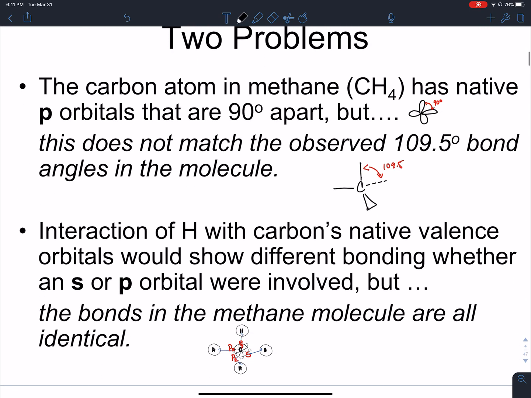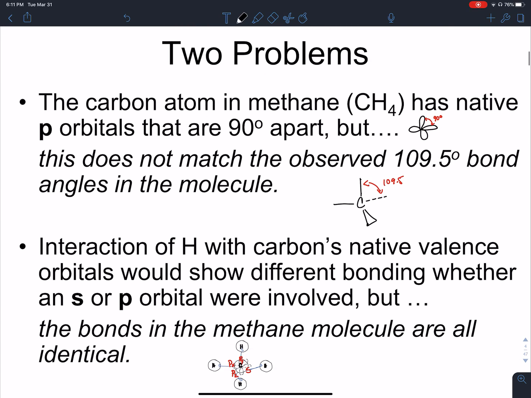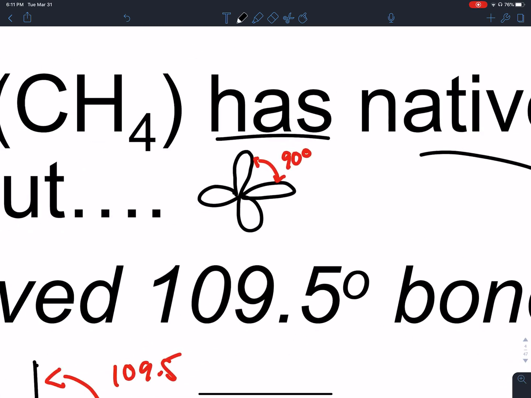Here are the two problems and reasons why we know that something more must be happening. Number one, the carbon atom in methane has native p orbitals that are 90 degrees apart. What do I mean by that? If we drew those p orbitals, remember, there's one on the x-axis, one on the y-axis, even one on the z-axis.